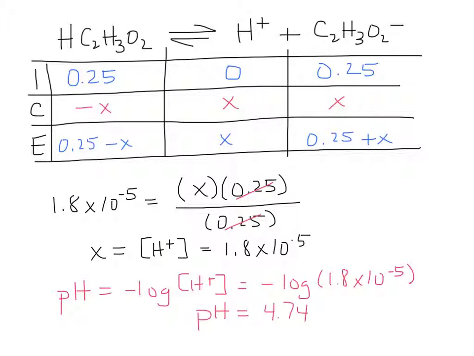Now, if you're dealing with a weak base, the process is almost identical. The only difference would be, instead of calculating pH values, you would have to calculate pOH values. But as far as the equilibrium processes and the chemical reactions go with the strong acid, the fundamental principles are the same. So let's spend our last couple of minutes just going over some relationships between pH and pOH.